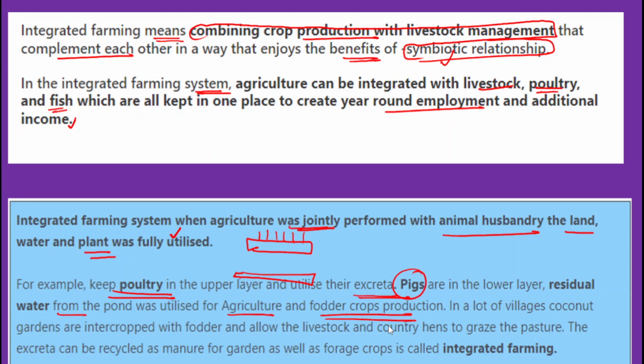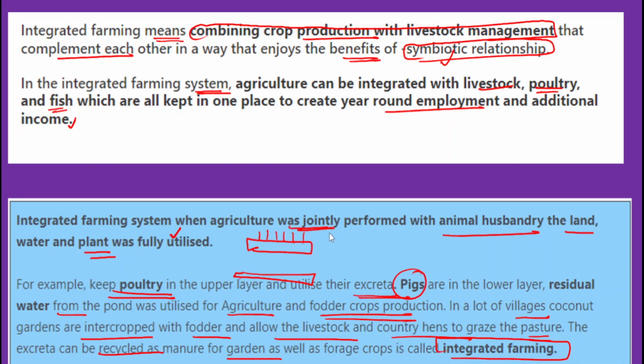So how the end products from these different activities can be used in other agriculture activities. In a lot of villages, coconut gardens are intercropped with fodder and allow the livestock and country hens to graze the pasture. So this excreta can be recycled as manure for gardens as well as crops for integrated farming.